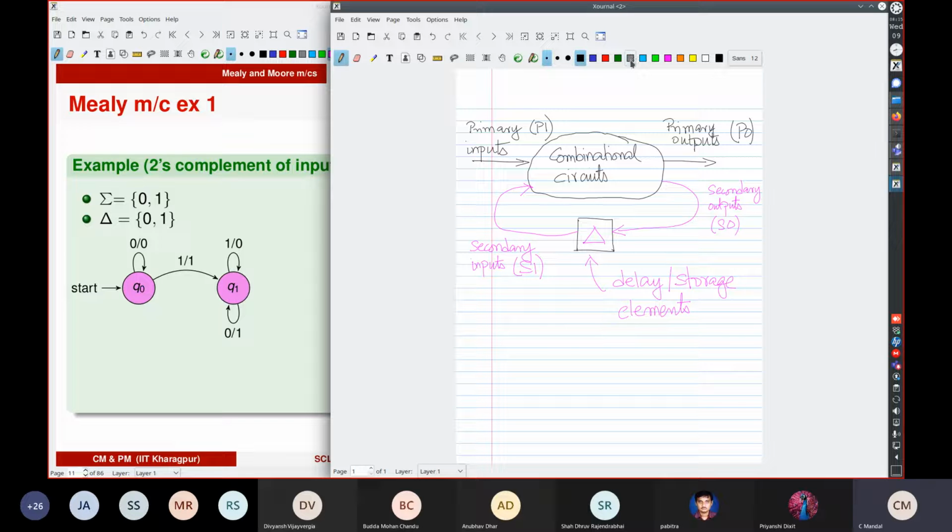Sometimes you also call it a combinational cloud. All right.